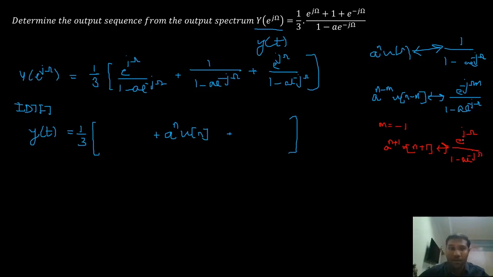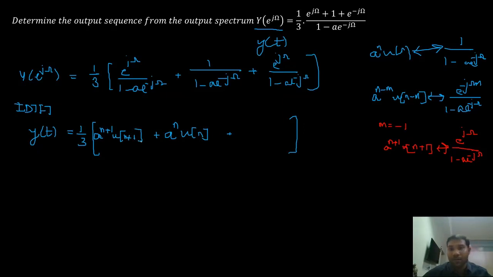That is nothing but my first term. So instead of the DTFT of e power j omega divided by 1 minus a e power minus j omega, I can write a power n plus 1 into u of n plus 1.